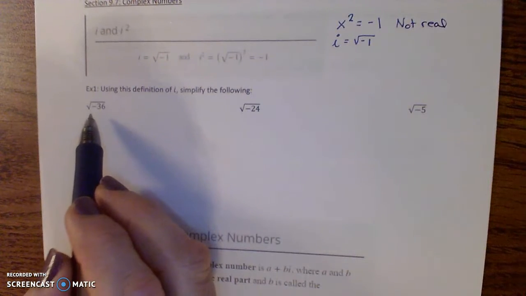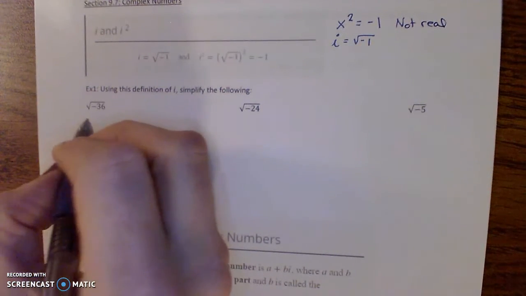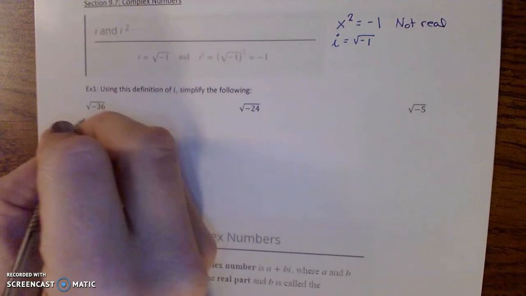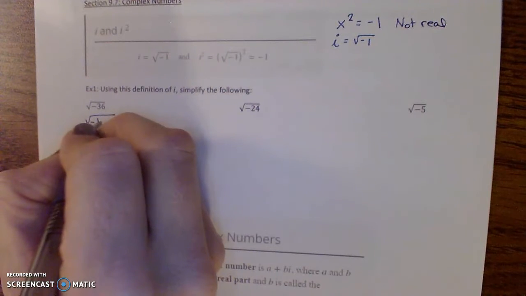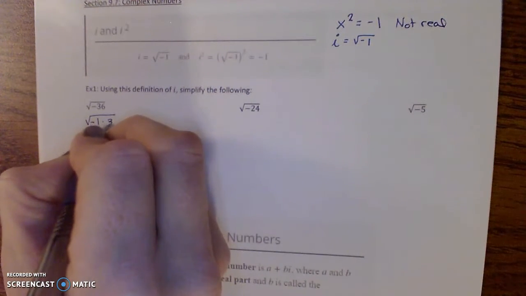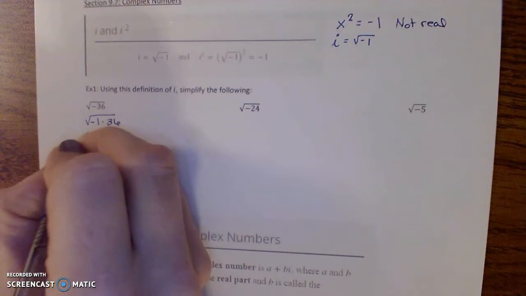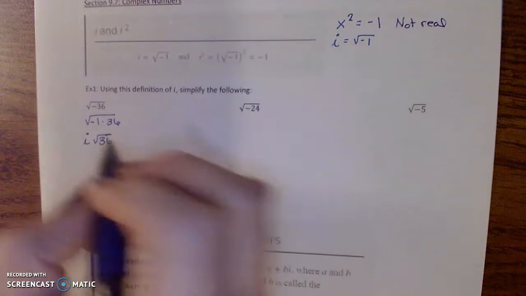Okay, using this definition of i, let's simplify. What is the square root of -36? So here's how I want you to think about it. When you have a negative number underneath the square root symbol, think of it like that's -1 times the number. So then the square root of -1 is i. And then we can just evaluate the rest of it, square root of 36.